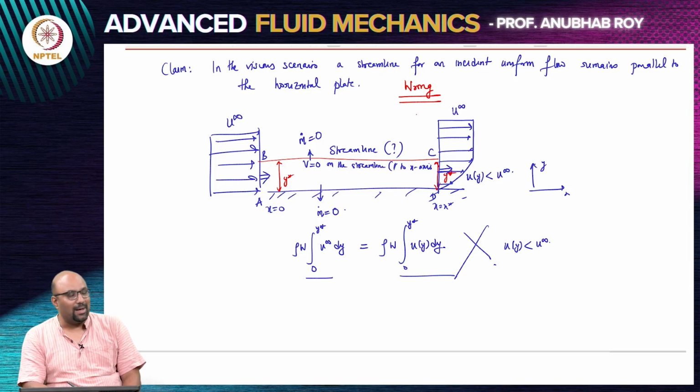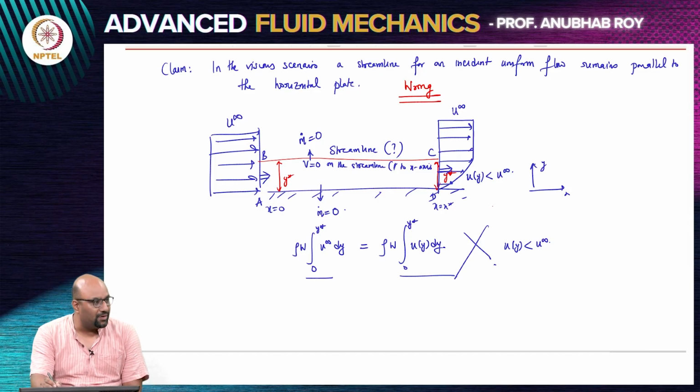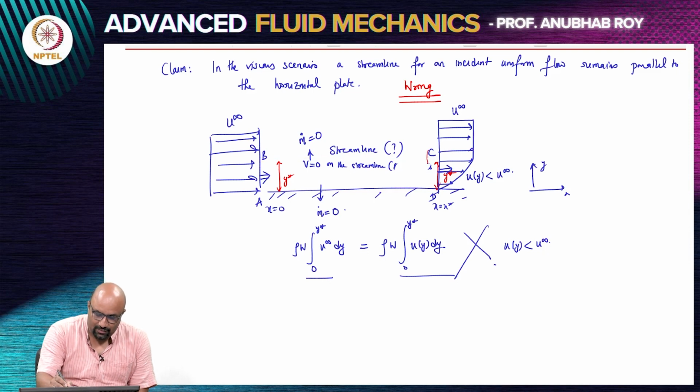So, what do you think would happen? If u of y is less than u infinity, which means the fluid got slowed down, what should be the appropriate streamline?